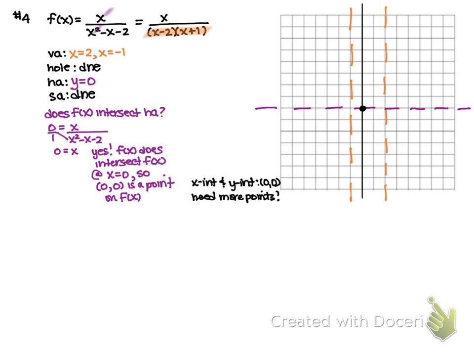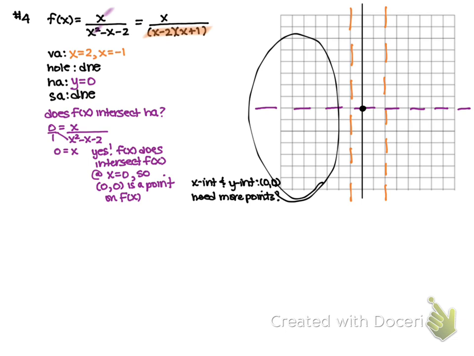But since we're crossing the horizontal asymptote, if you plug in 0, you can get a value. We need more points because there's no way this is what the graph looks like. All I have is my vertical asymptote, horizontal asymptote, and a single point on the graph. Not sufficient.